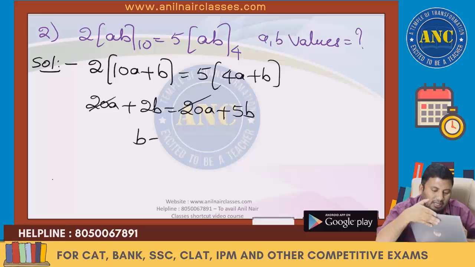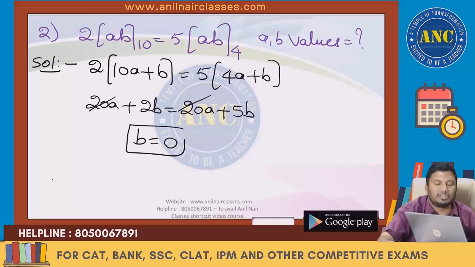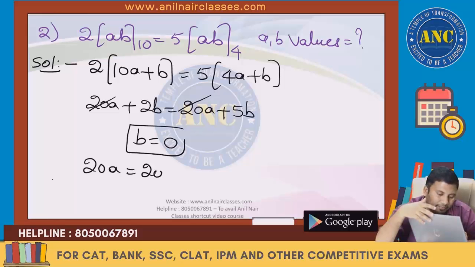These cancel. 5B minus 2B, so B is 0. If B is 0, this becomes 20A equivalent to 20A. Which values are possible?